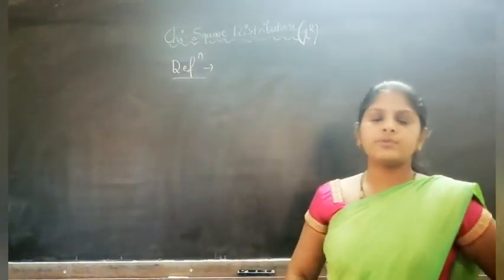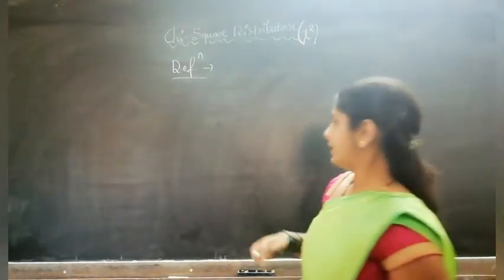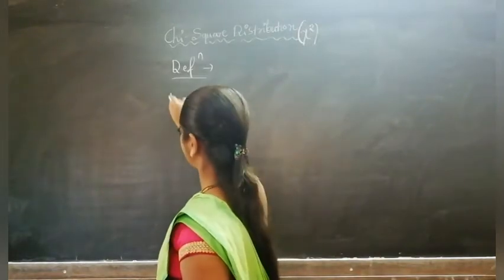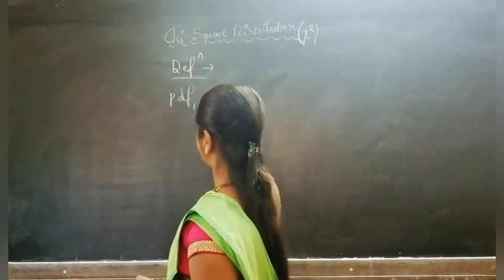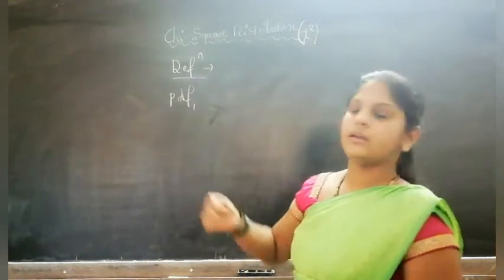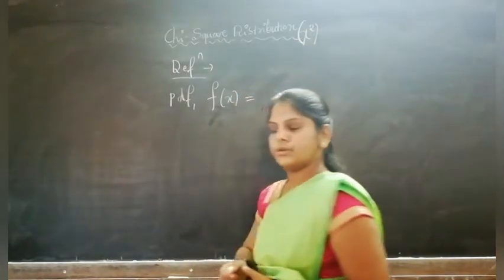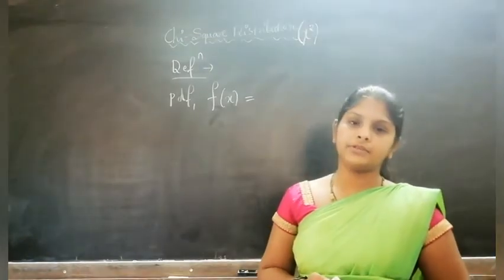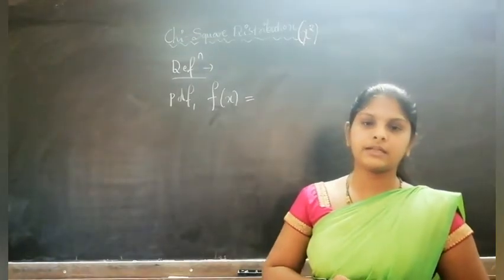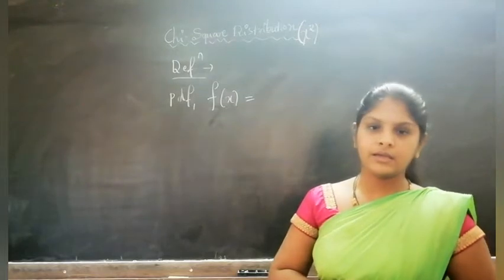The continuous probability distribution with probability density function, that is PDF, is denoted as f of x. The discrete probability distributions are denoted as p of x, and continuous distributions are denoted as f of x.